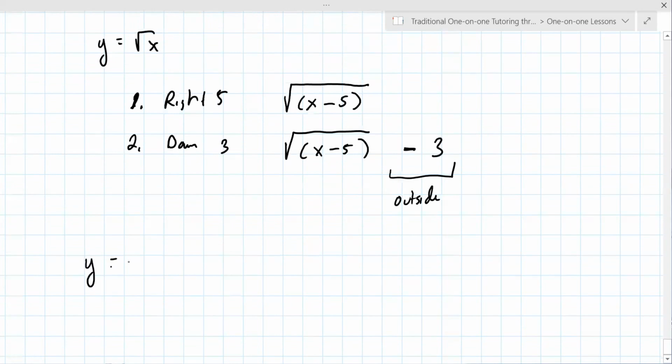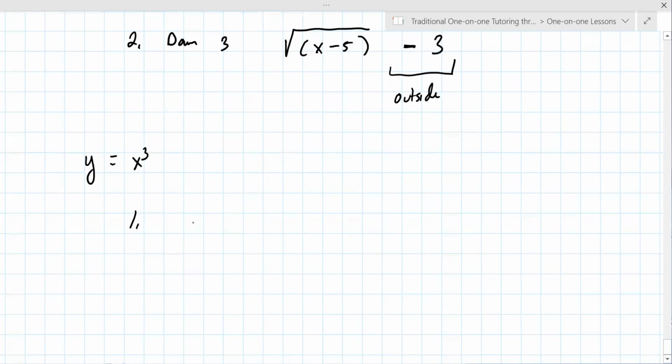All right, let's try one more here. Let's say your parent function is x cubed. We want to go left 3, up 4. So see if you can do that on your own, please.